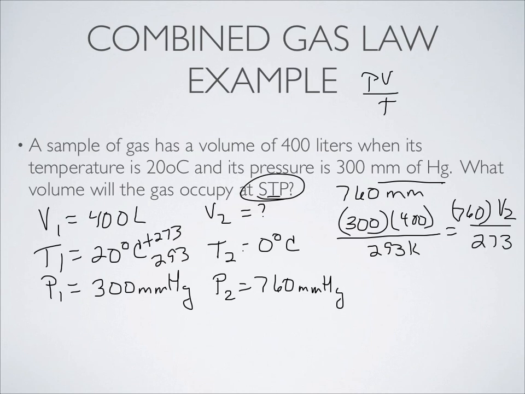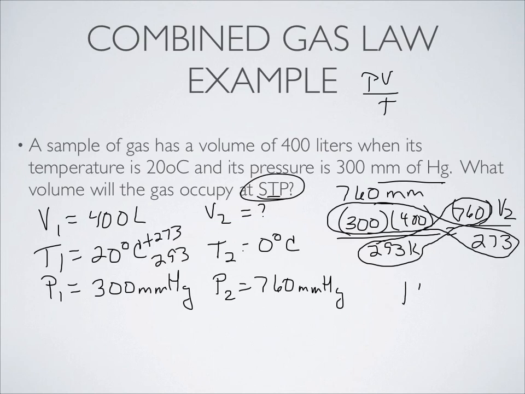And then you just do this. Now, what I usually just think of is I'm going to take this times that, and I'm going to divide by these guys here. Okay? So, how I do it on my calculator is I go 300 times 400 times 273. All those things get multiplied, and we're going to divide by 760 and divide by, you got to push the divide sign again, 293 equals.